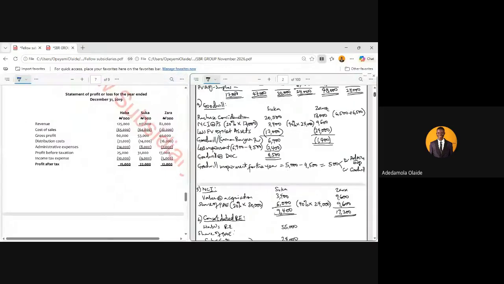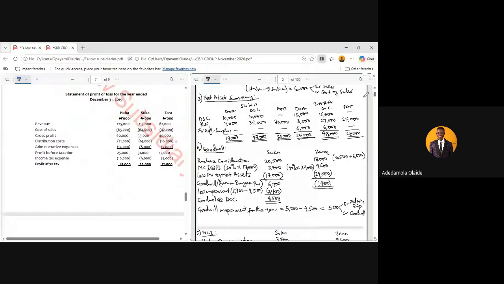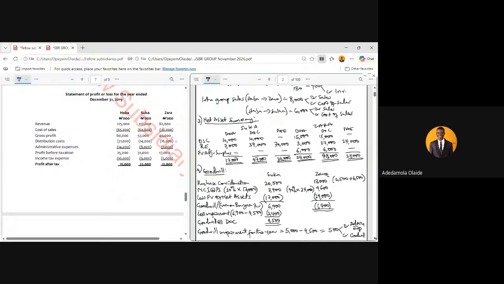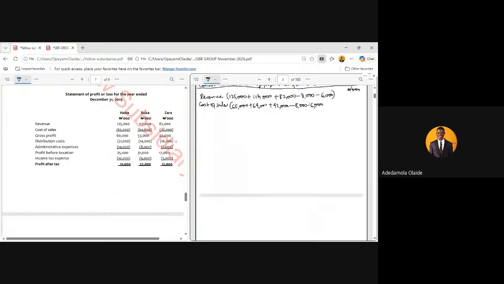And as you can see, it is still in line with the workings we did here, debit sales. When we are debiting an income account, it simply means we are deducting from the account. So that's that. We go to the next item, cost of sales, 65 plus 64 plus 42. But the same way we are eliminating the sales, we also eliminate the cost of sales, because those things are still Abba's cost of sales.